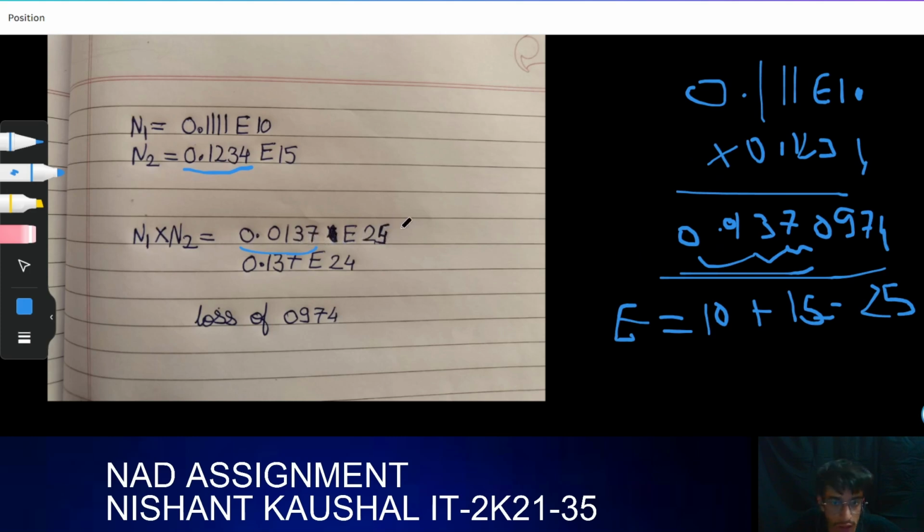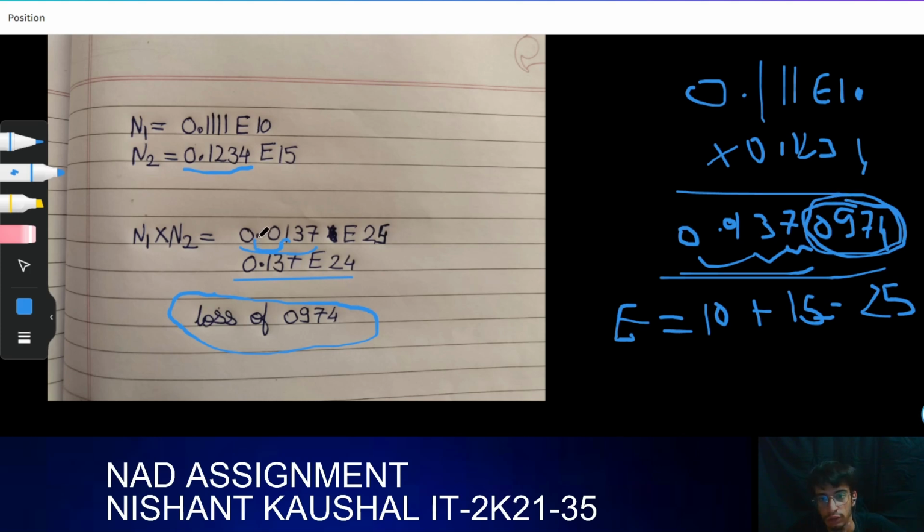So we will write it as 0.0137 E25. Now we could shift the decimal point to here and it will become 0.137 E24, e to the power 24. Now here the message will be loss of the digits 0974, right? Because of the Mantissa rule we can't put this number 0974 here.